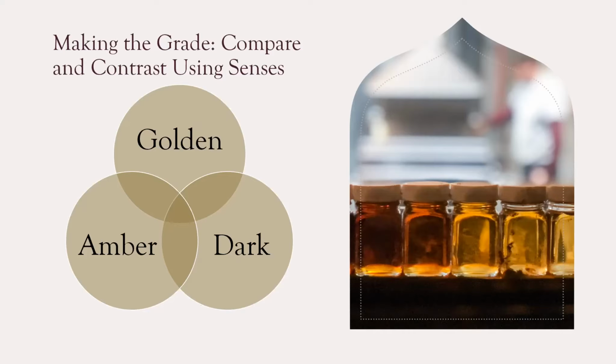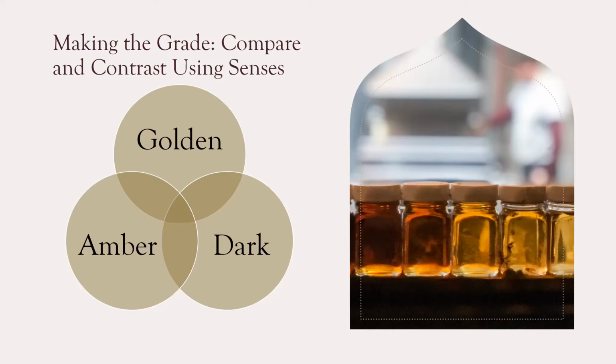As the season nears the end, we go to the dark, which has a lot more maple flavor. It's a dark, robust flavor. Towards the tail end of the season, there's another grade called very dark, which is even darker yet. A lot of people use that for cooking and baking. Personally, I like the very dark. It has a very strong maple flavor.